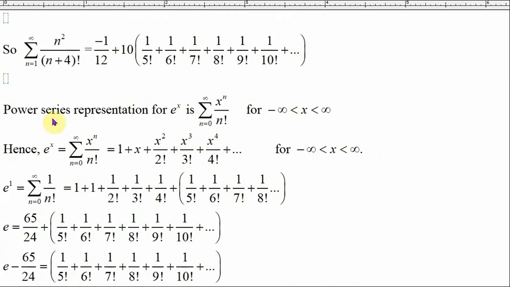Recall the power series representation for e to the x is 1 plus x plus x squared over 2 factorial plus x to the third over 3 factorial, and so on. Let x be 1, we get e to the first is 1 plus 1 plus 1 over 2 factorial plus 1 over 3 factorial, and so on.